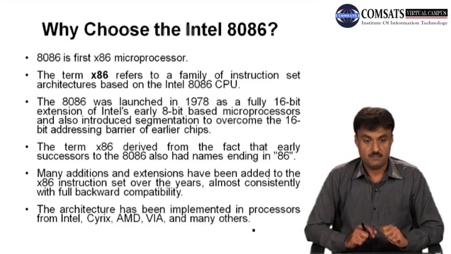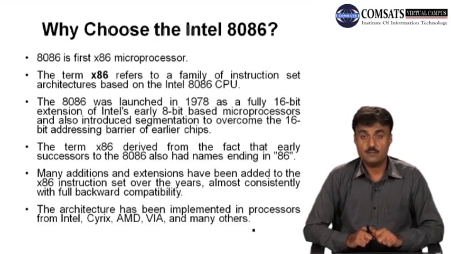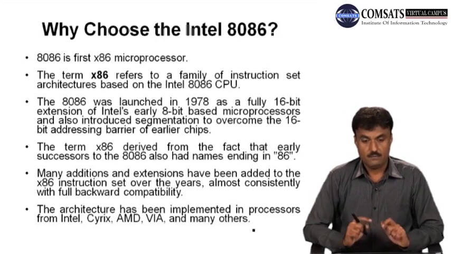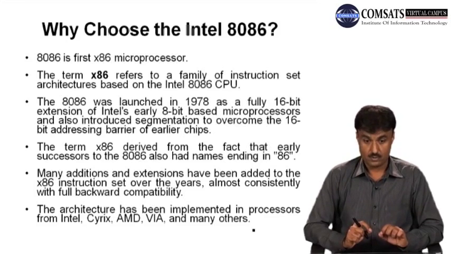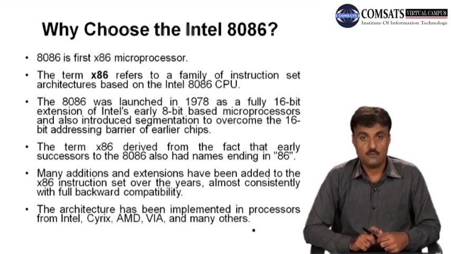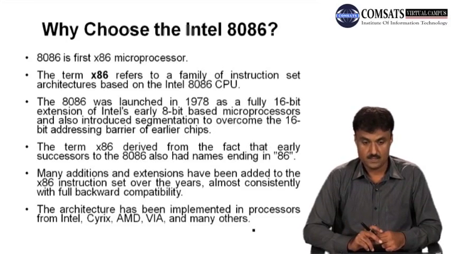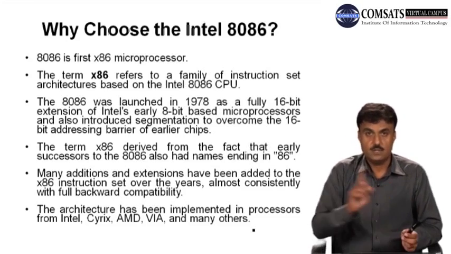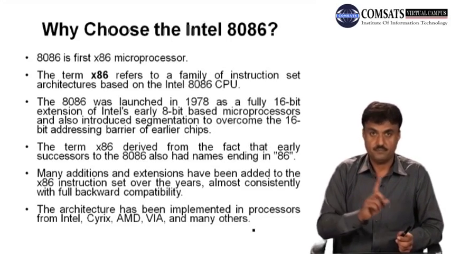They belong to this family. So this family starts from here, 8086. We will investigate the answer to this question: this is the first processor that belonged to this family, and all the microprocessors after this 8086 are almost backward compatible.